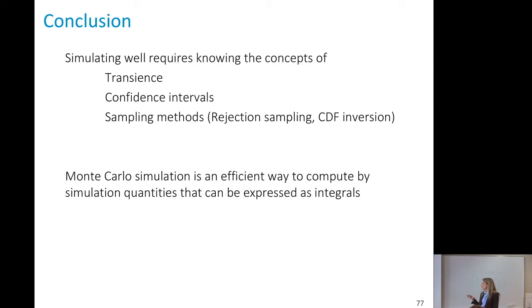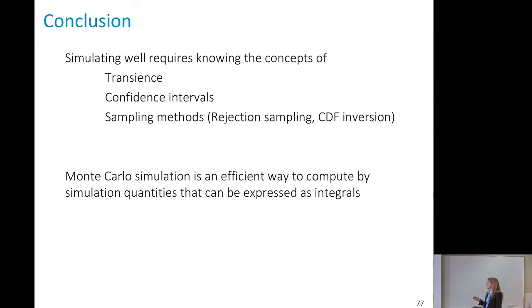Whereas with rejection sampling, you might do many iterations in order to obtain a sample for your random variable, and it's computationally more complex. However, CDF inversion cannot be applied in any case. Sometimes there's no closed form formula for the F inverse.